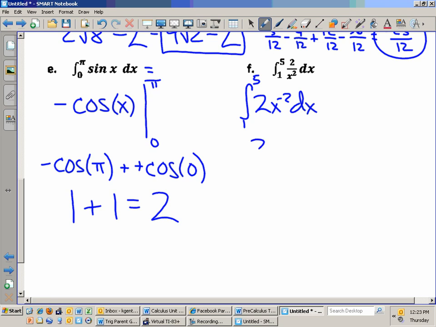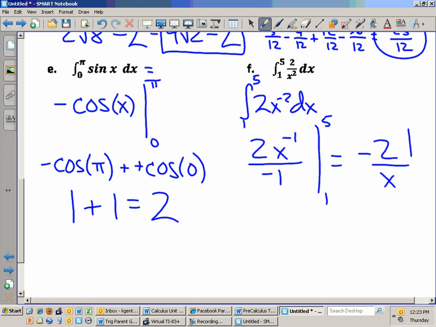And so that will be 2x to the -1 divided by -1, evaluated from 5 to 1. Or I don't like the x to the -1 up there, so I will simply move it like this, a -2 over x evaluated from 5 to 1. Those expressions are the same, so we have to be able to move our exponents around.